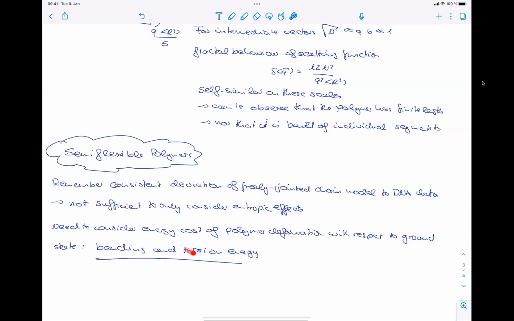And to consider torsion, if this were my polymer stretching out to infinity, I would need to also take along a vector that lies in this plane and reflects how this is being twisted as we go along.